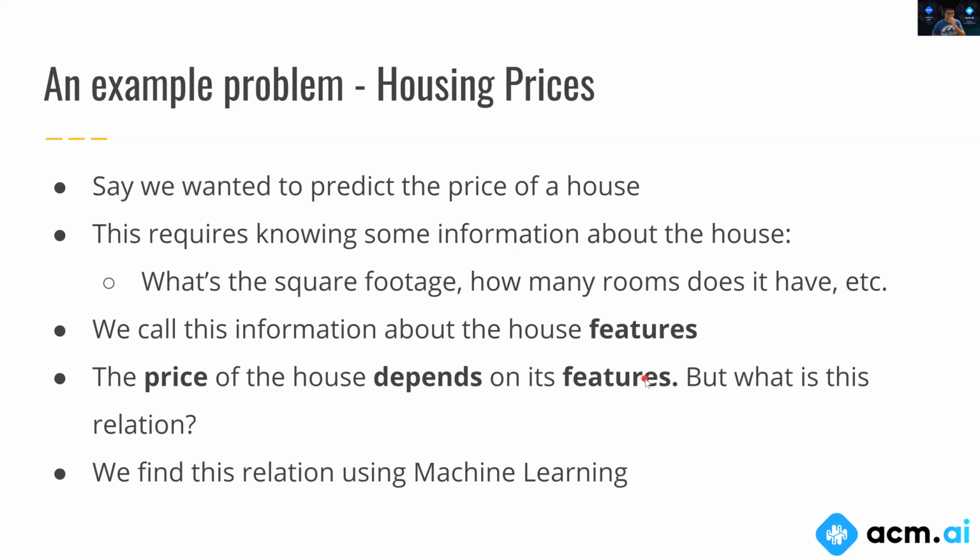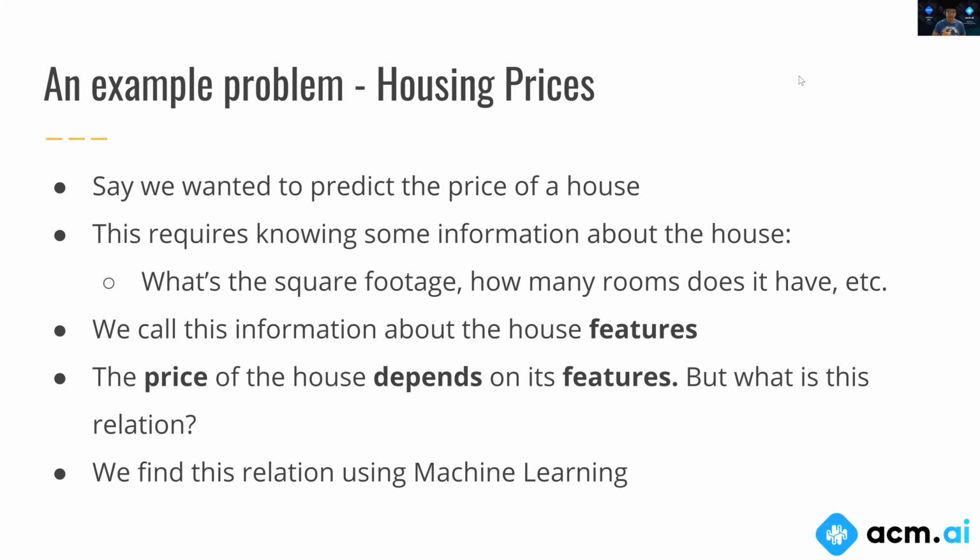All right, so let's take a look at one example. This is a pretty common example in introducing the concept of linear regression. So housing prices, we want to predict what the price of a house is. And obviously, in order to do that, we need knowledge of certain aspects of the house. That's going to involve the square footage, how many rooms it has, the size of a backyard, a lot of different features.